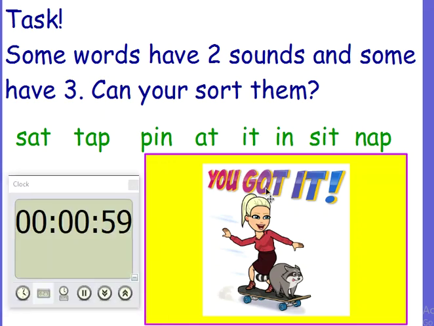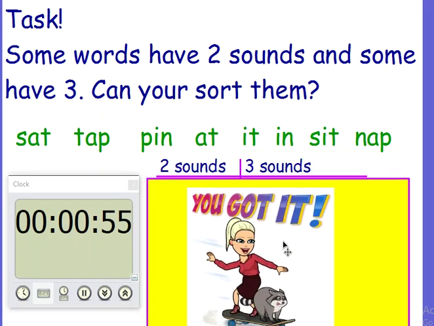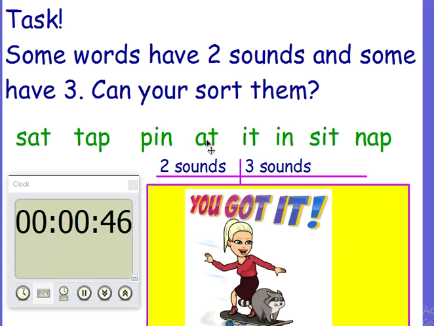Okay, there's our timer. I'm just going to show you what you can have at the top there: two sounds, three sounds. Write that on your whiteboard and then put these words in the correct column. Quite simple. Each letter in these words is making one sound. So the letters are telling you how many sounds.